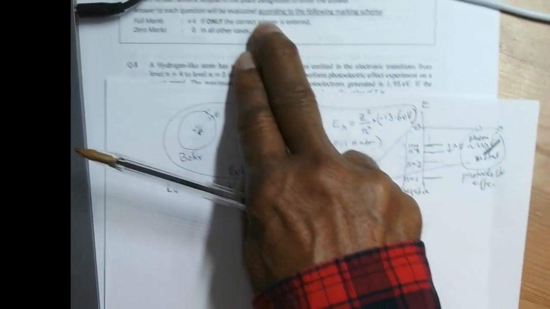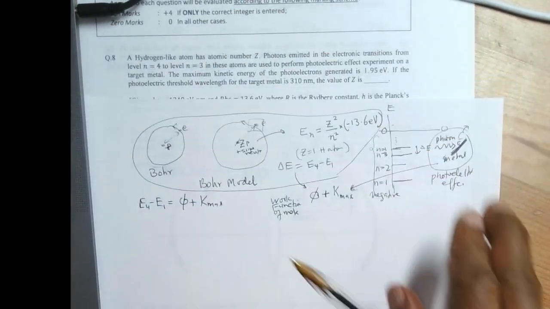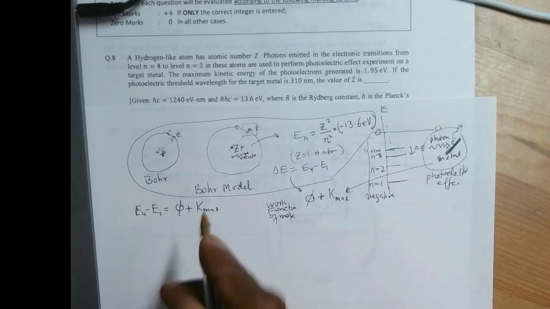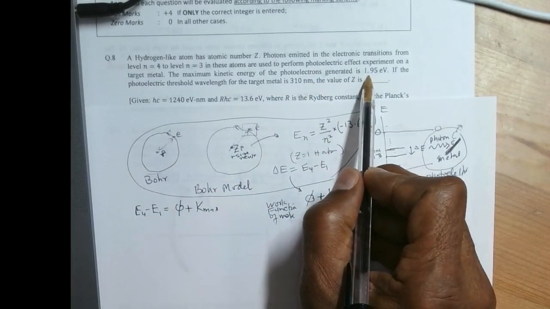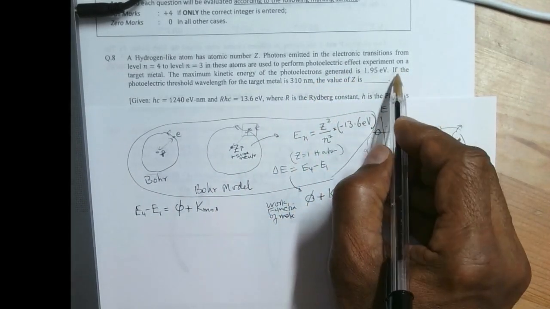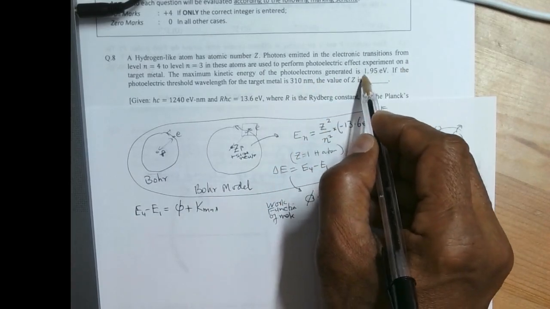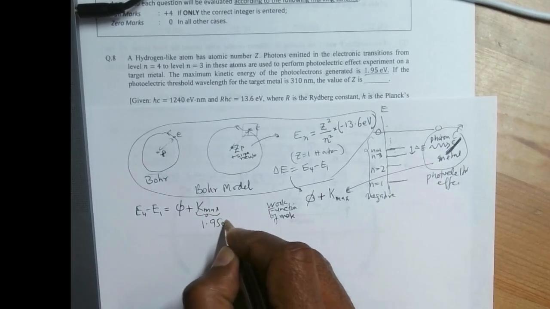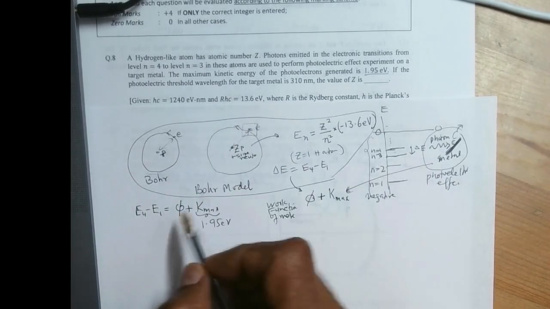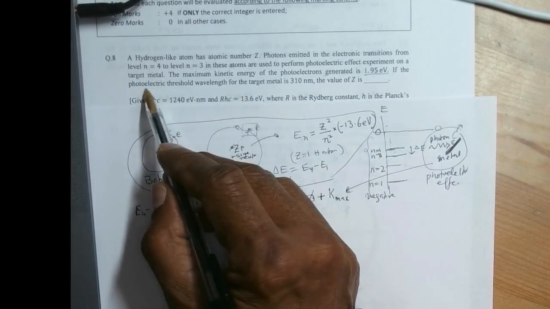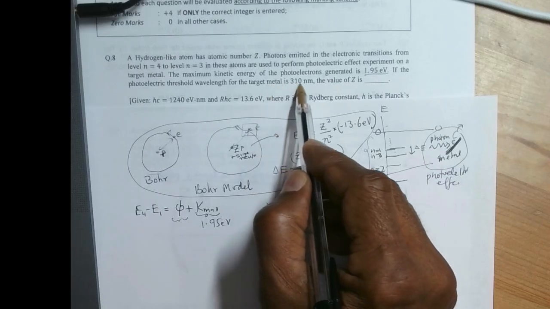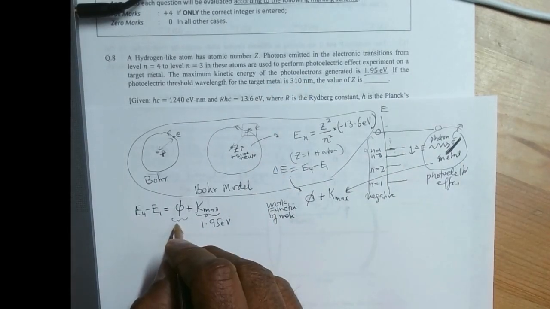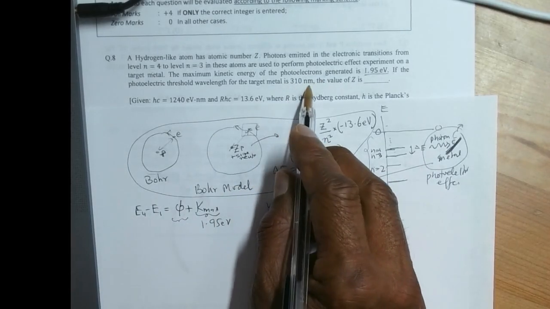Okay, so let me get more space. This is telling us what the K max is. K max is 1.95 electron volt. For the work function, it says that the threshold is 310 nanometers. So this is from the threshold, 310 nanometer.